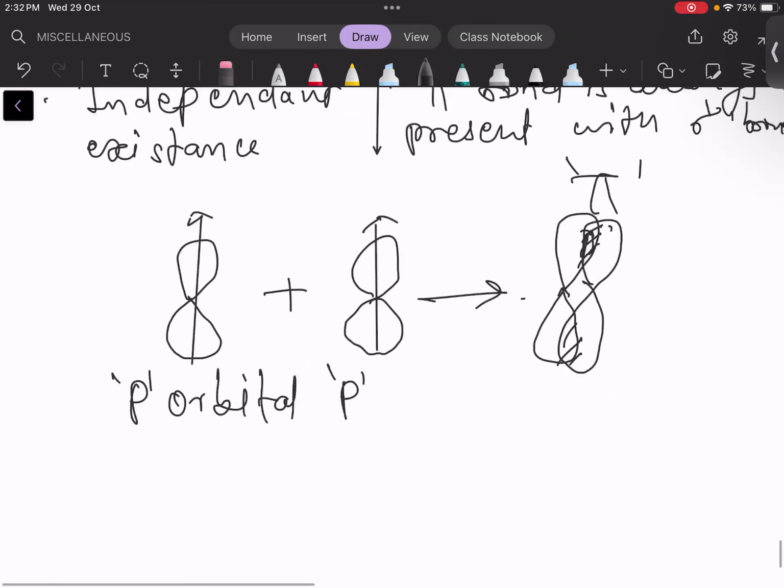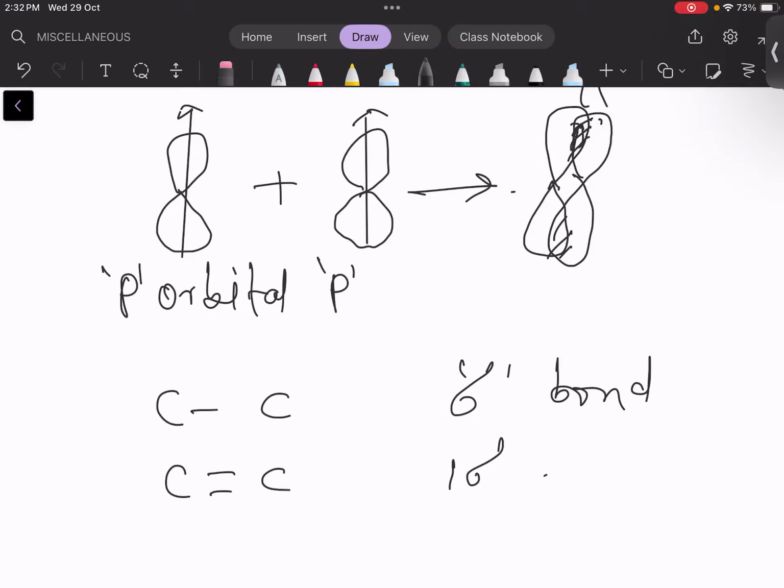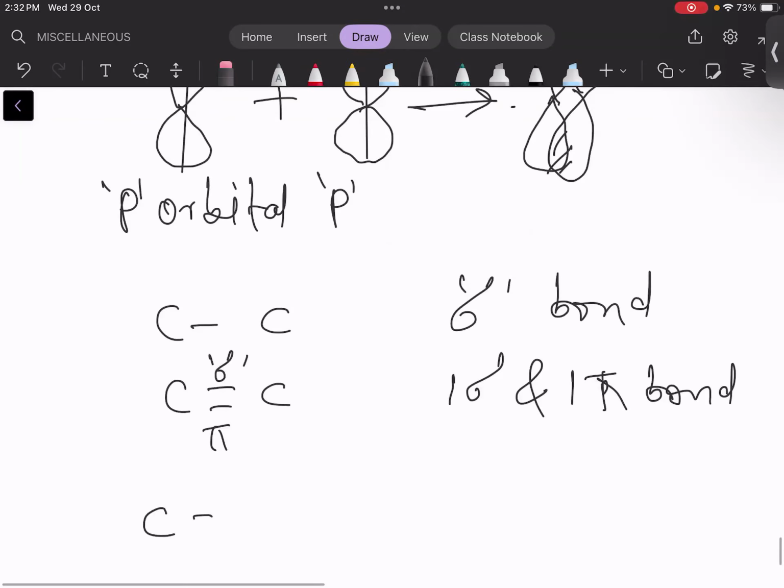For example, a carbon single bond, you get one sigma bond. But a carbon double bond will get one sigma and one pi bond. So this is sigma and this is pi. Then in a carbon triple bond, you'll get one sigma and two pi.